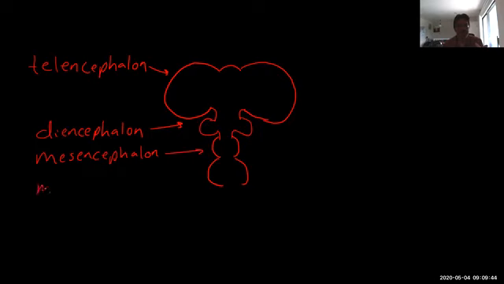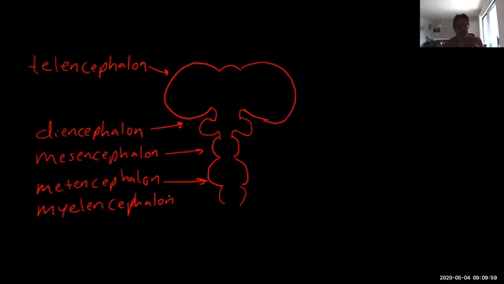The metencephalon, which gives rise to both the pons and the cerebellum, I'm sorry, the pons and the cerebellum is what I meant to say from the metencephalon. And then we had the myelencephalon, and this is where we're at here. The medulla is coming from this myelencephalon, and then a spinal cord. So that's just to remind us of where we're at from the embryonic development point of view.